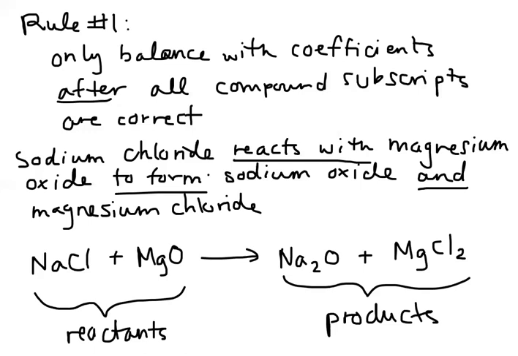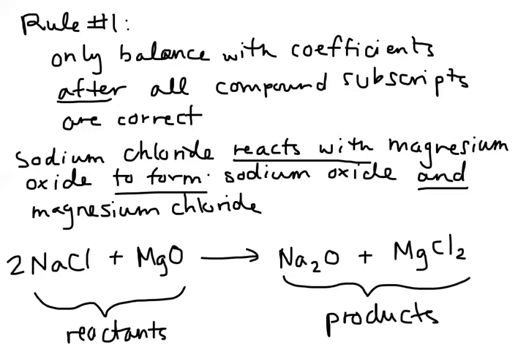So now we have all charge balanced compounds. Now we have to balance the number of each element. So how can we do that? How many sodiums do we have on this side? We have 1 here. We need 2. So I'm going to put a 2 right here.